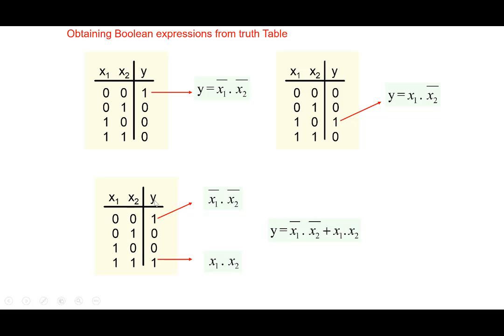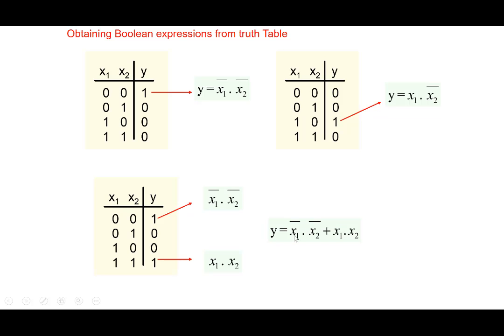So y is 1 not only when this is 1, but also when this is 1. So that's why we put an OR operation here. So if this is 1, then y is 1. If this is 1, then y is 1. If both of them are there, that also is fine. Okay. But both of them will not be 1 here, right? So when this particular term, when x1 dot x2 is 1, then this one will not be 1.